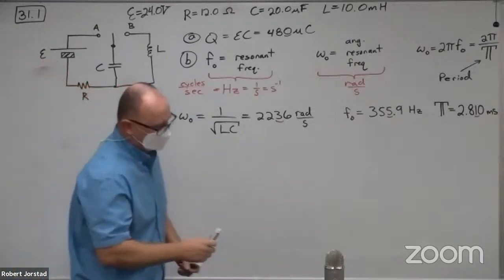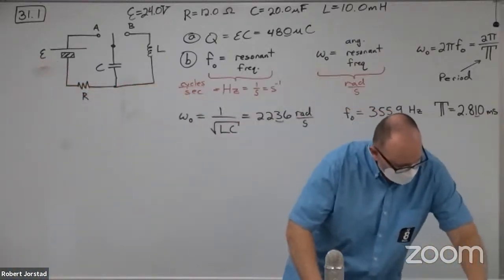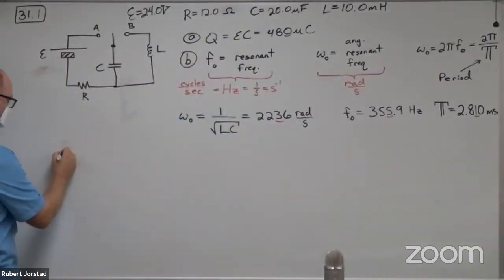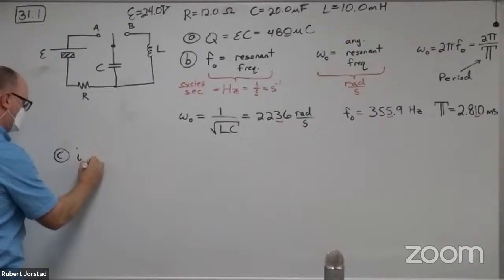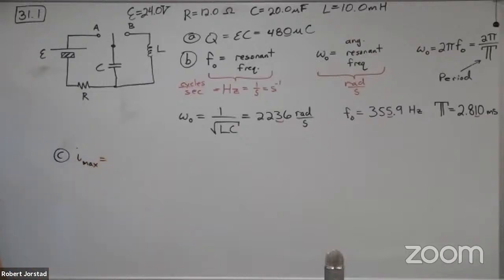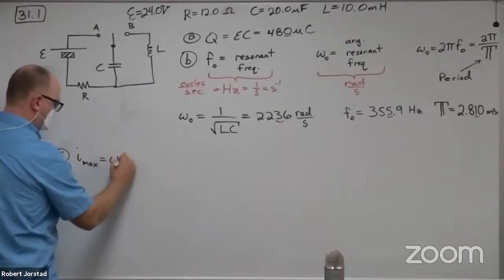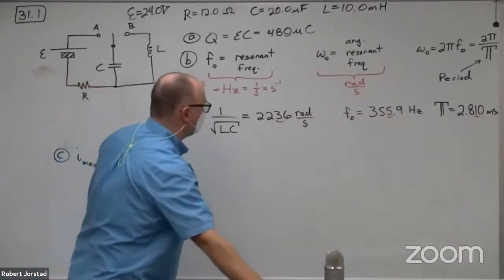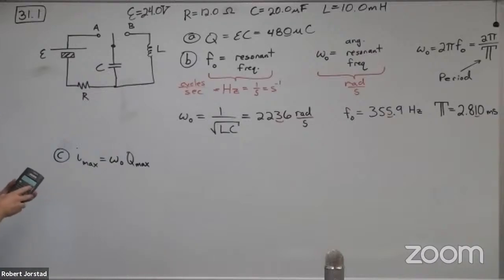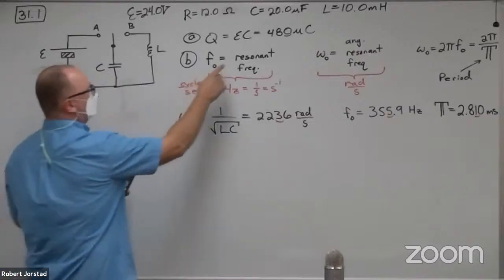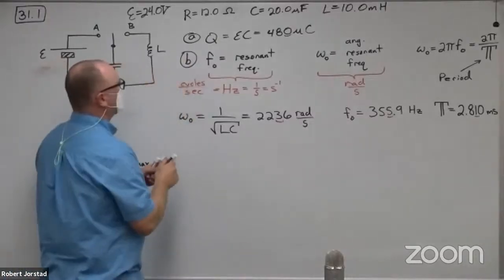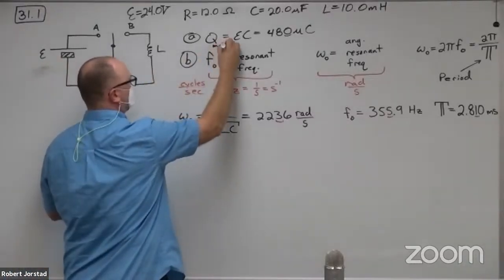Enough said. All right, so let's go to C. How do I get the current amplitude? What's the symbol for current amplitude? Okay. What's the equation for it? Omega naught times Q max. Let's pump it in there. What do you get? Do you agree this is Q max up here? I should have labeled it Q max. I apologize.